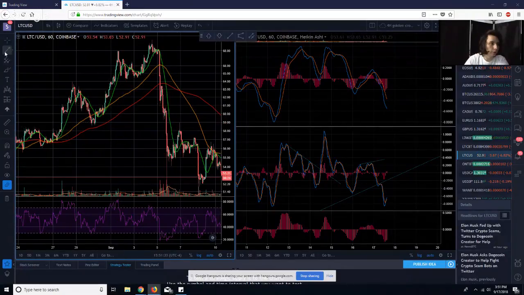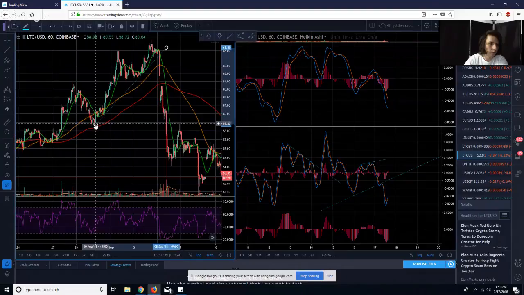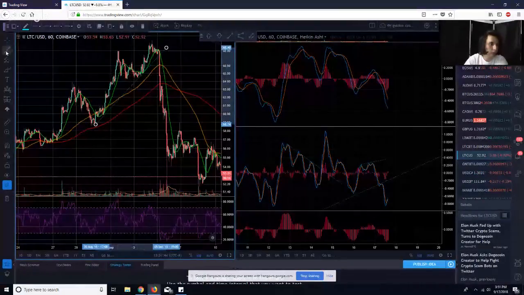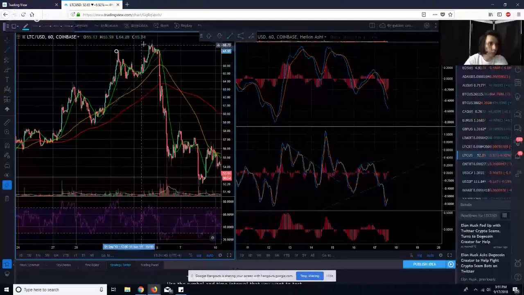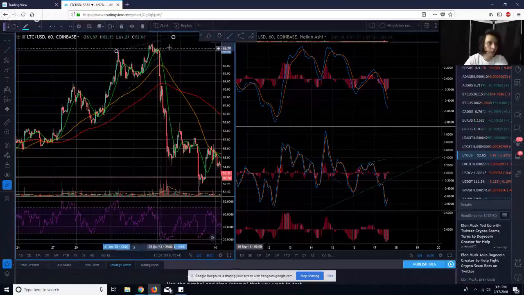Coinbase. This is Coinbase chart. All right, let's take a look at this. When do we find a sell signal? Look right here. We had bearish convergence. Right here, we have a rising wedge forming.